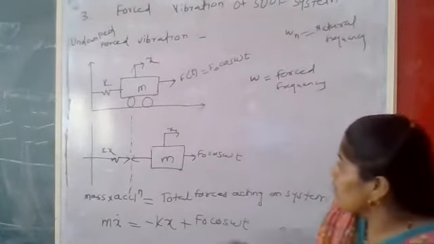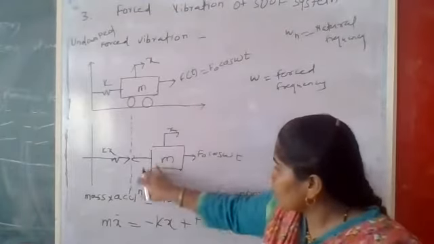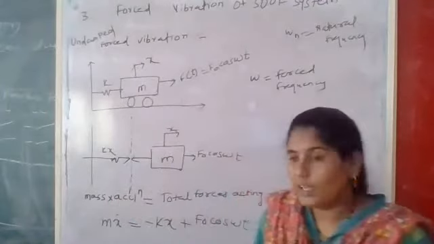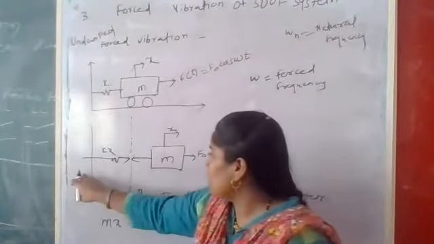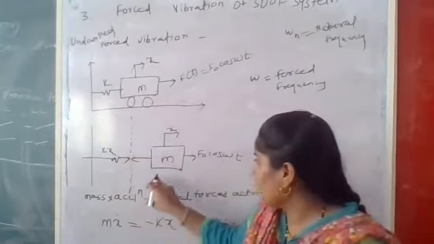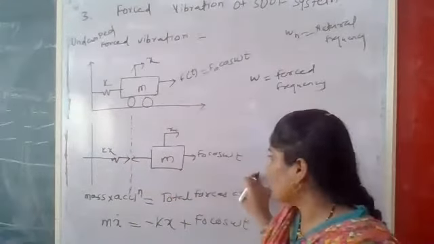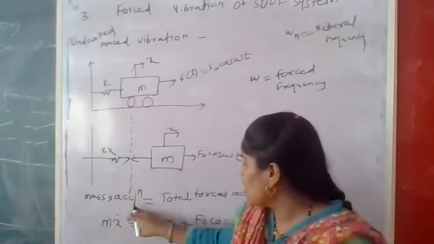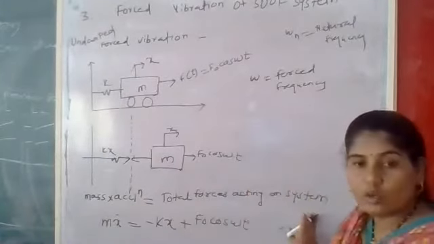You understand this? And if we take the free body diagram, what will happen? There is a k into x on this side, and the free body diagram with respect to m x double dot and F naught cos omega t. Mass into acceleration is equal to the total forces acting on the system.